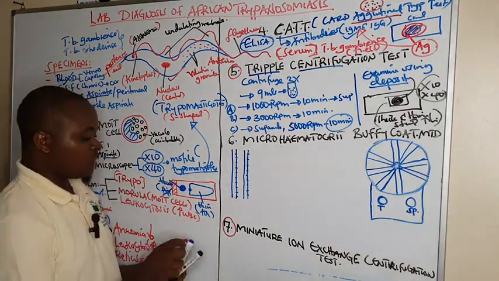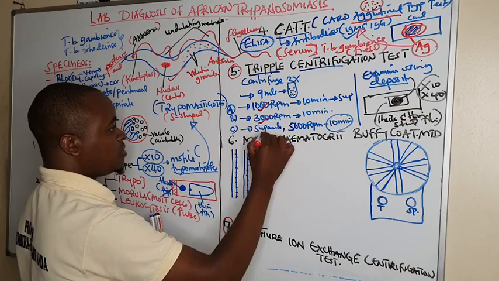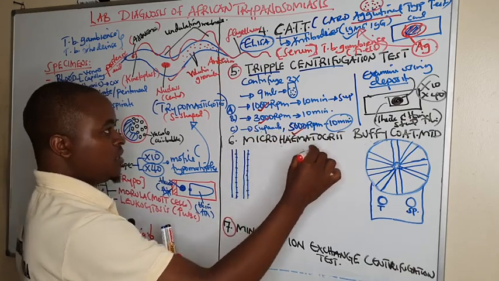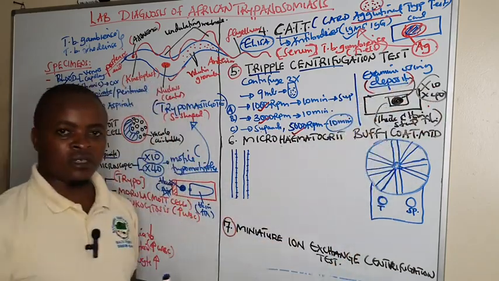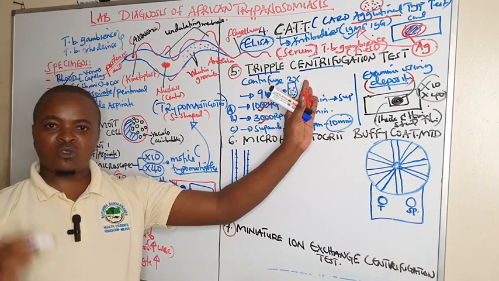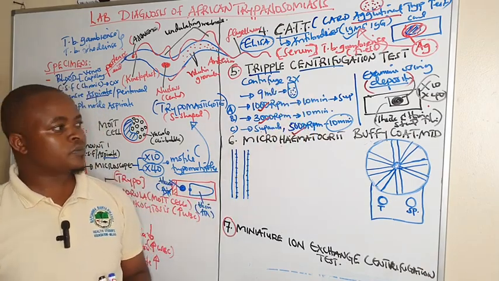As you can see, we started with 1,000, went to 3,000, then 5,000, and at the end we collected a deposit which we were able to use. Its major aim is to concentrate or increase the chances of seeing trypomastigotes.